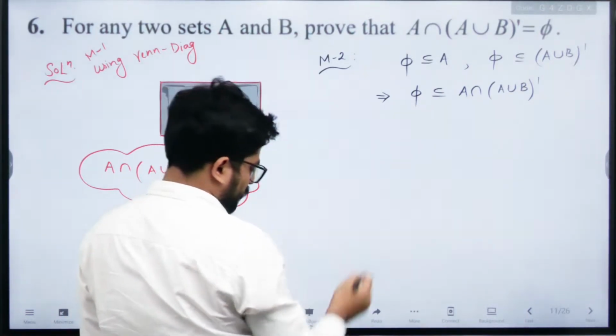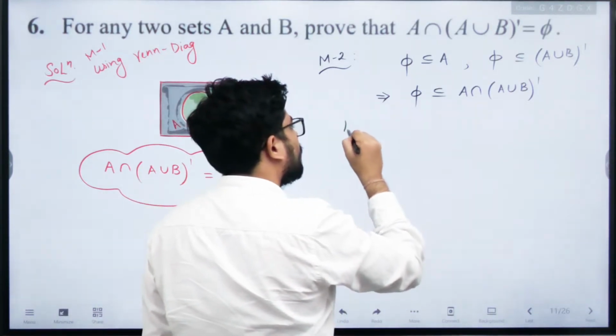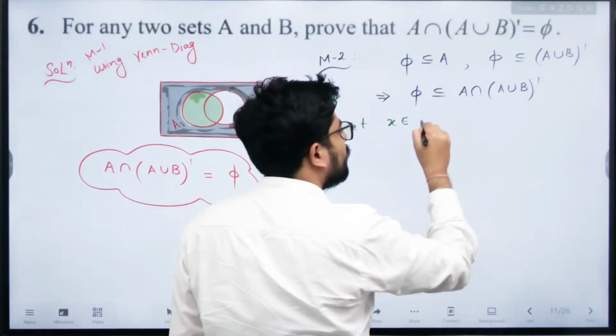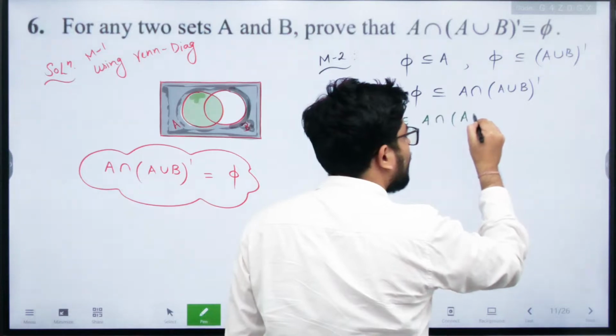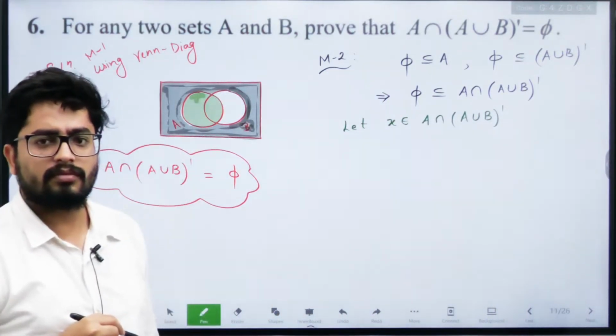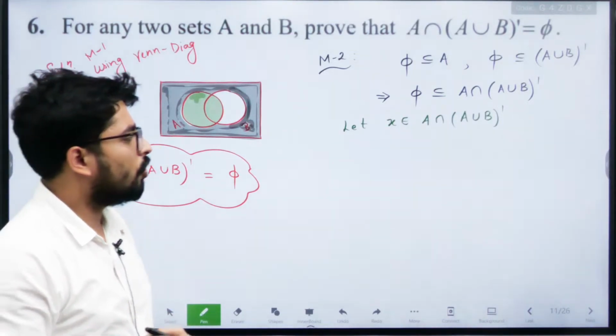So now, let x be an arbitrary element of A intersection A union B whole complement. Yes, x belongs to A intersection A union B whole complement.